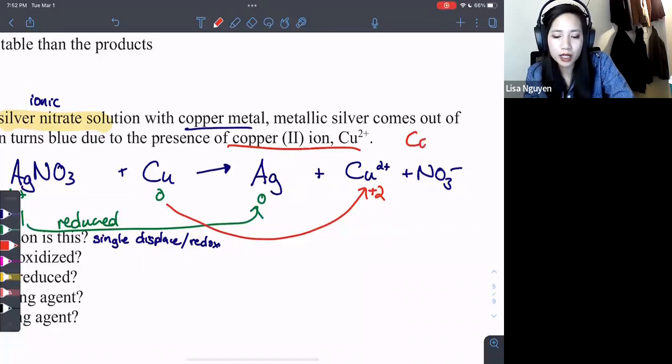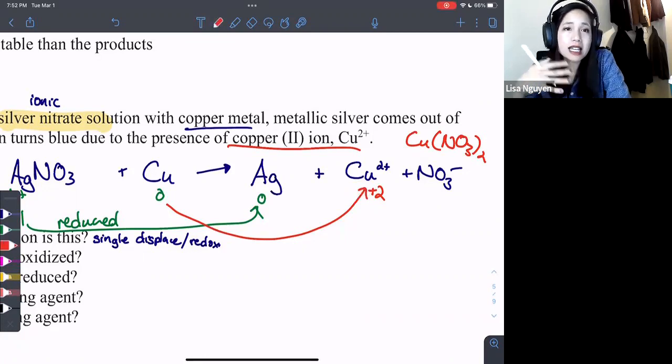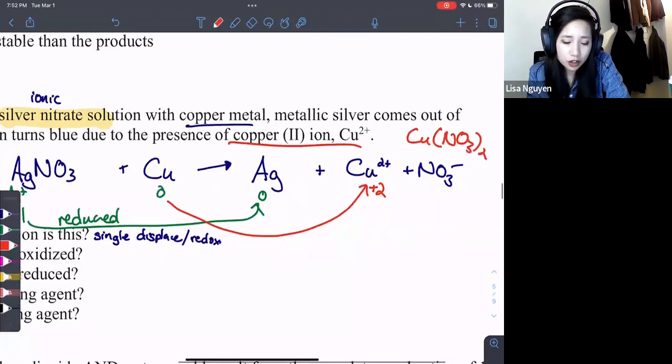So this should be Cu(NO3)2, but it doesn't really matter because we care about the copper charge, not the actual compound. So copper ion on the product side is copper 2+. So we see that this substance is losing electrons, so this is being oxidized.